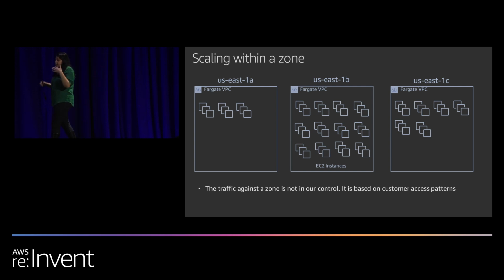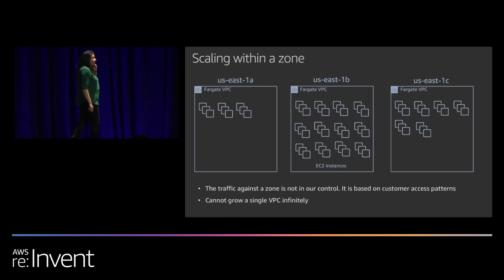That's because it depends entirely on the distribution of subnets that we're getting in the RunTask API call and the zones that those subnets live in. So because we can't control how large a zone can get, we can't really rely on the fact that a single VPC is able to scale and handle that load.